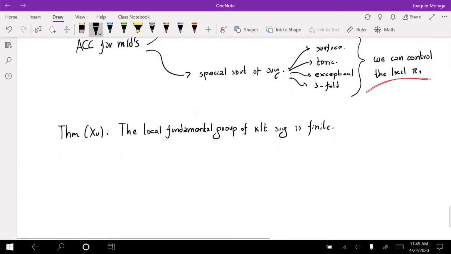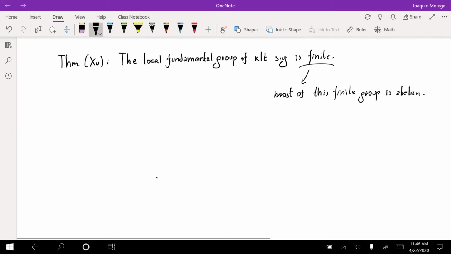And if one looks at the examples before, the exceptional case, the toric case, the surface case, and even many of the threefold cases, one quickly realizes that most of these finite groups are abelian. So this motivates me to look at the following picture.